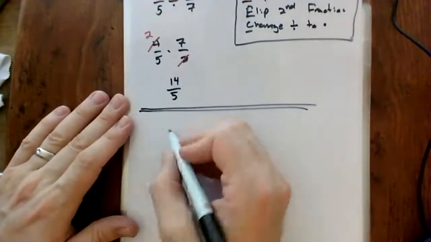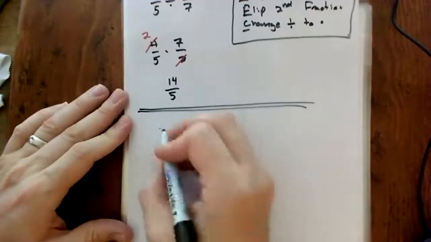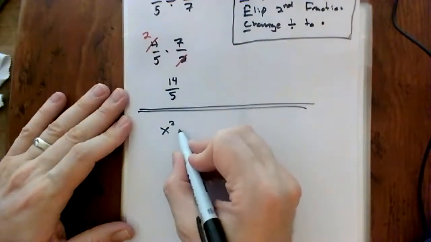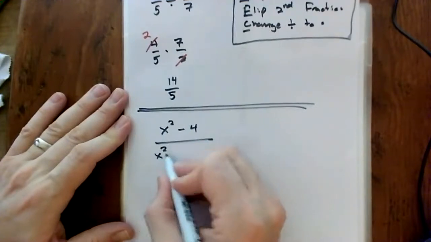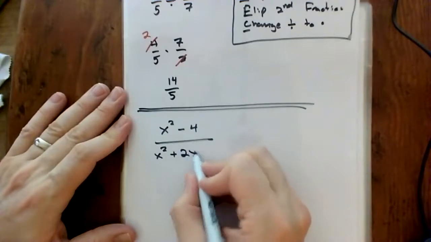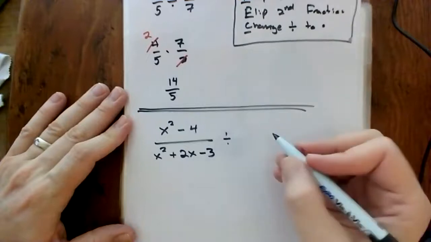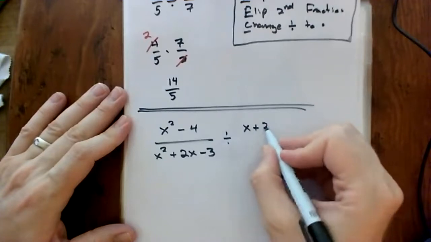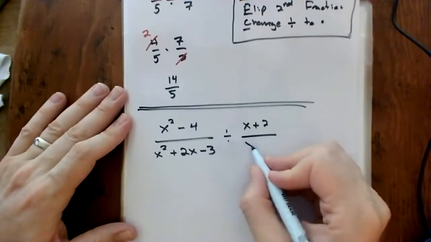So with this, we can do something like, and I'm going to keep this fairly simple, let's say we've got x squared minus 4 over x squared plus 2x minus 3. And I'm going to divide this by x plus 2 over x minus 1.